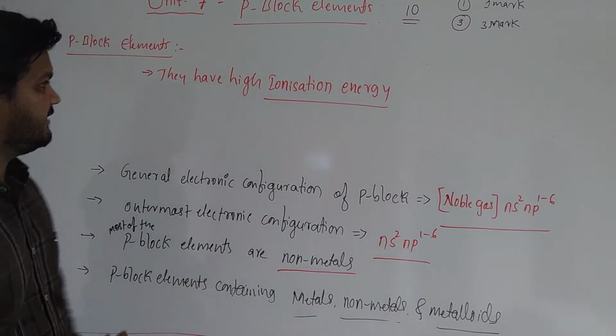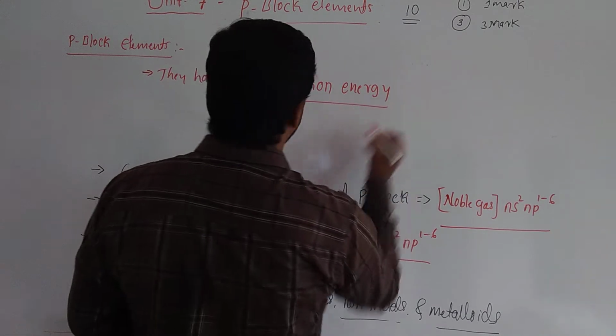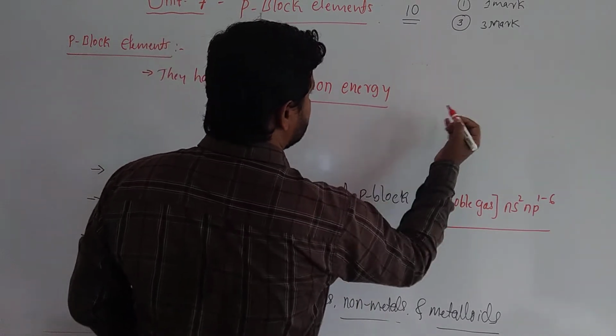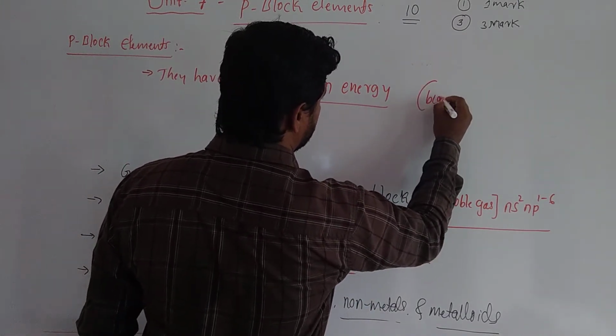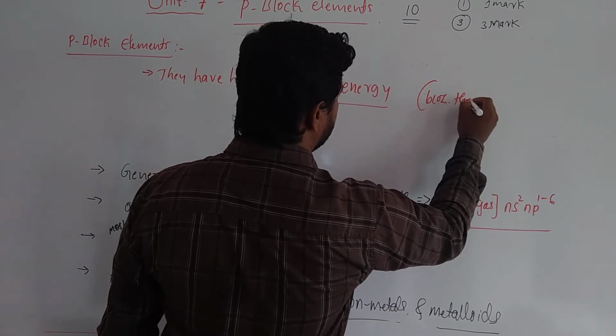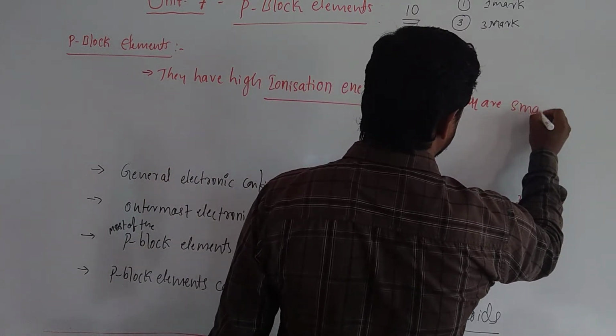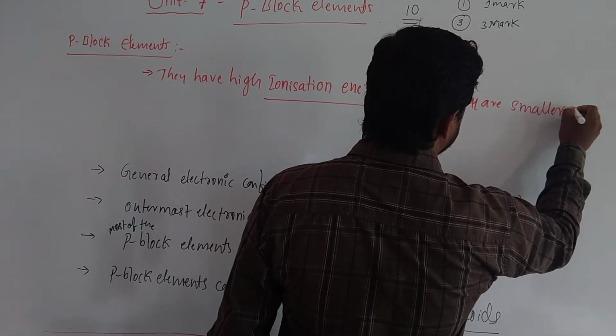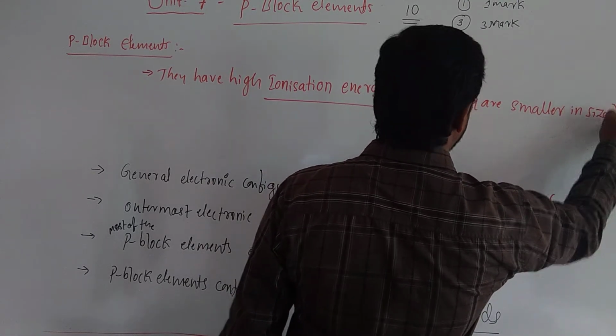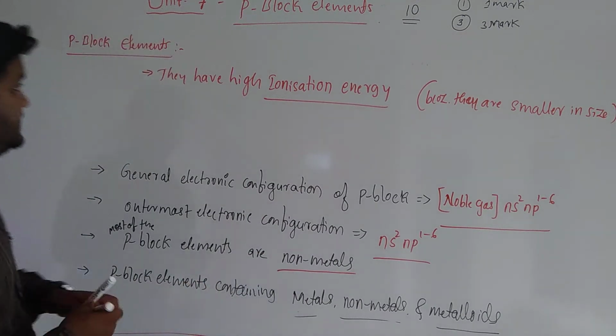Why? Because they are smaller in size. P block elements are smaller in size as compared to s block elements.